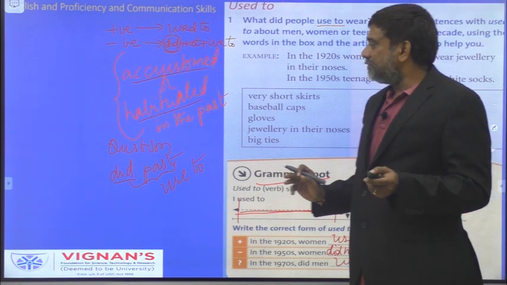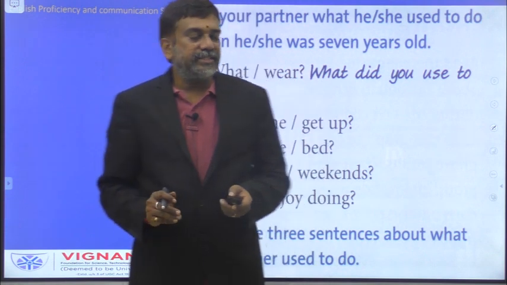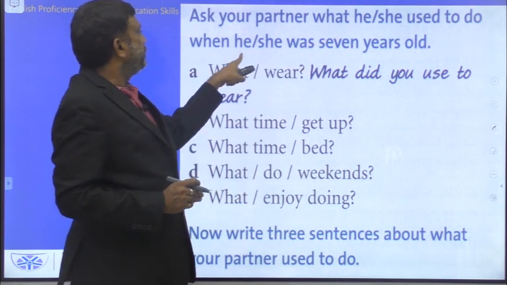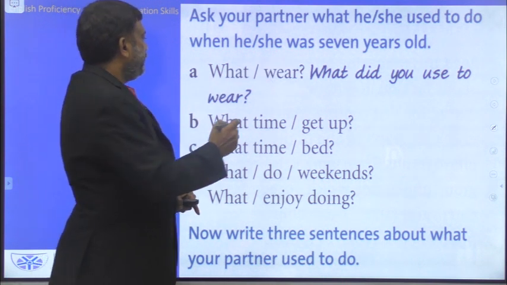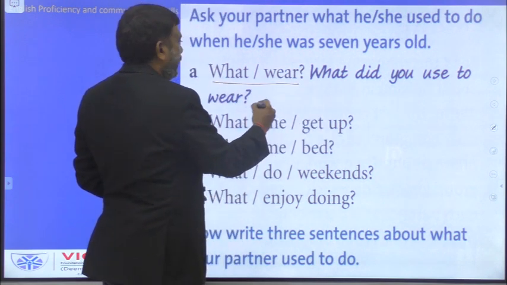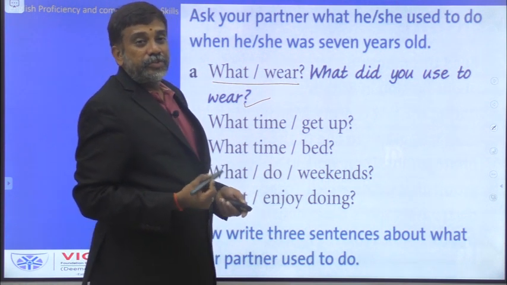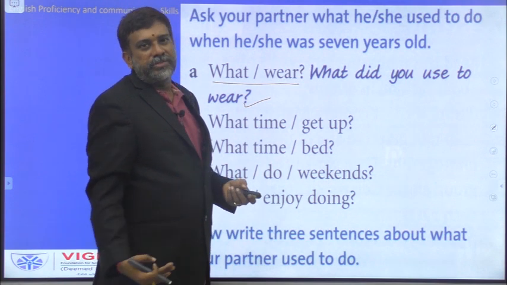Now, let us ask your partner what he or she used to do when he or she was 7 years old. Here, what, where? What did you used to wear? So here, the answer may be I used to wear salwar kameez or a gown about knee length.